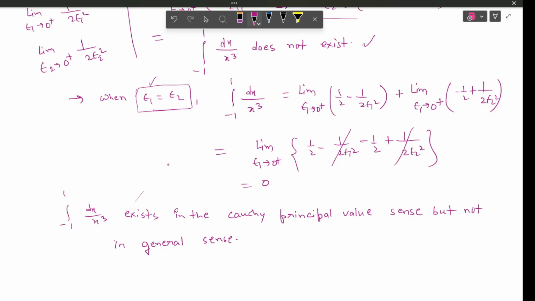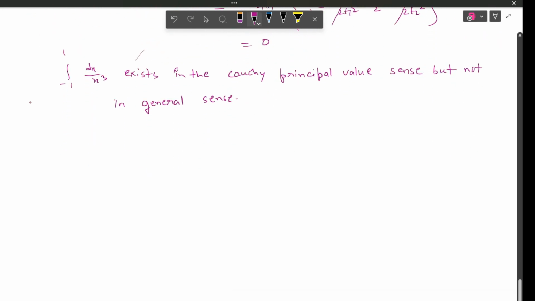Okay. So you have to note that when the appropriate limit exists finitely, an improper integral is said to be convergent. In other words, when the appropriate limits fail to exist or tend to infinity, an improper integral is said to be non-convergent. So you have to remember this.